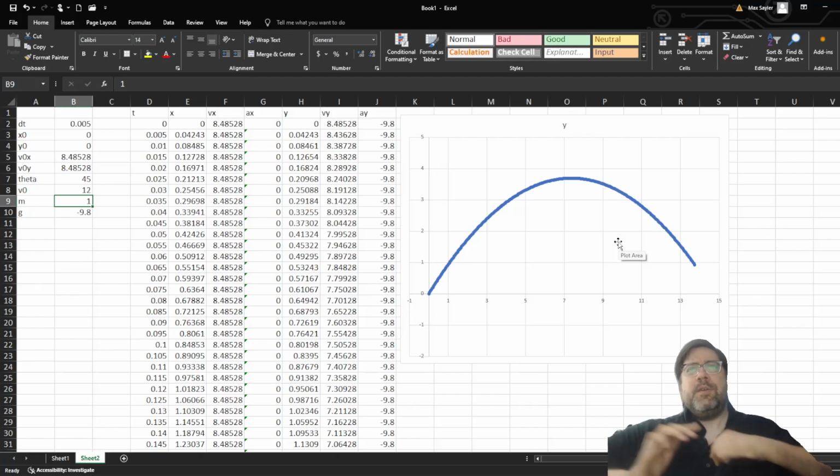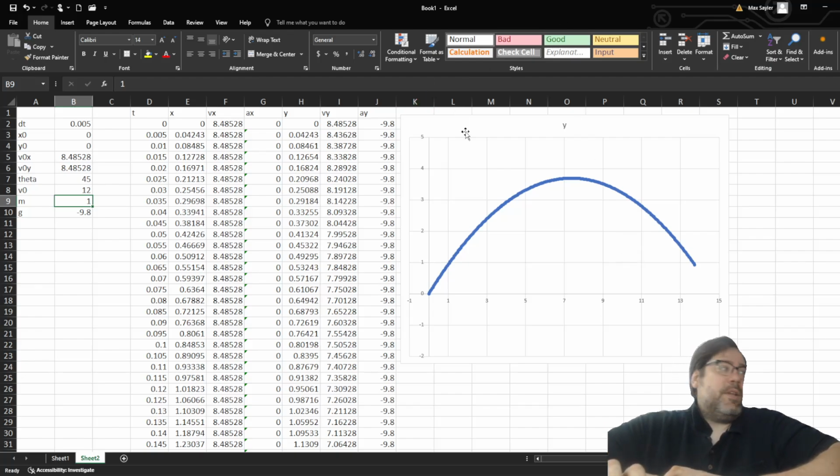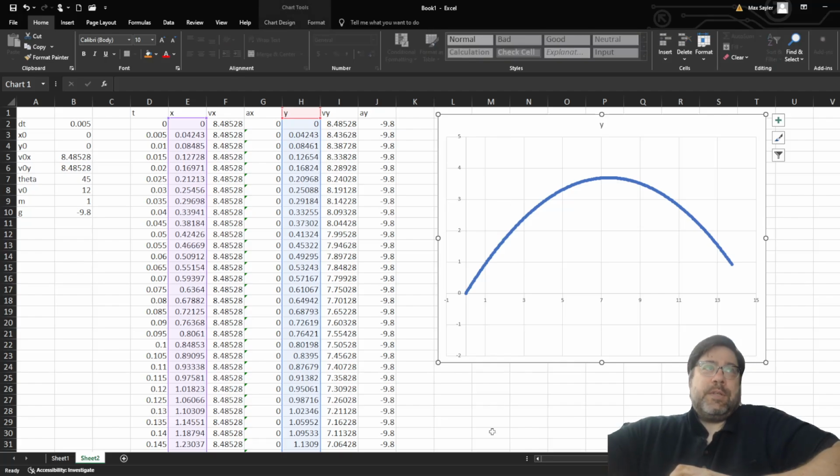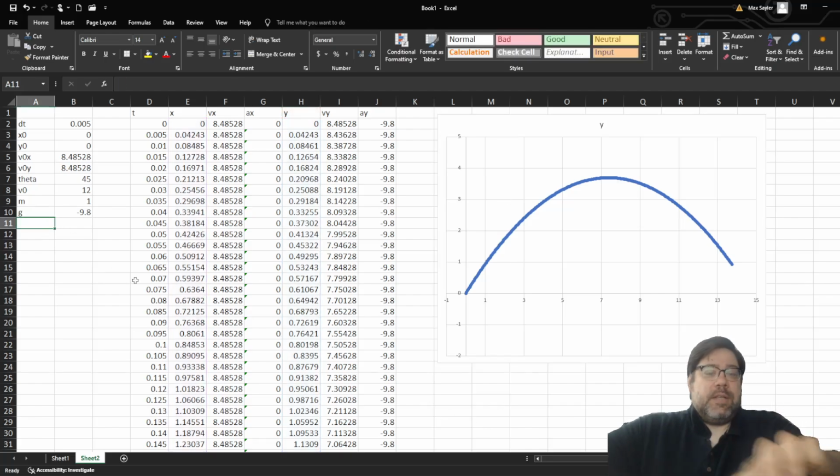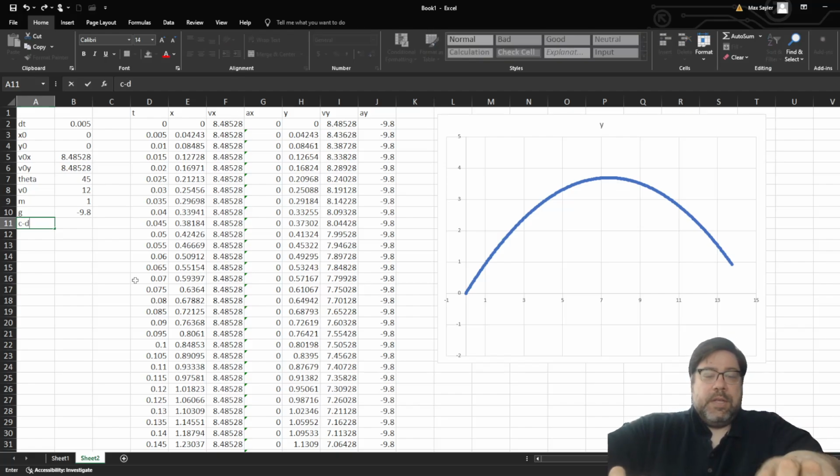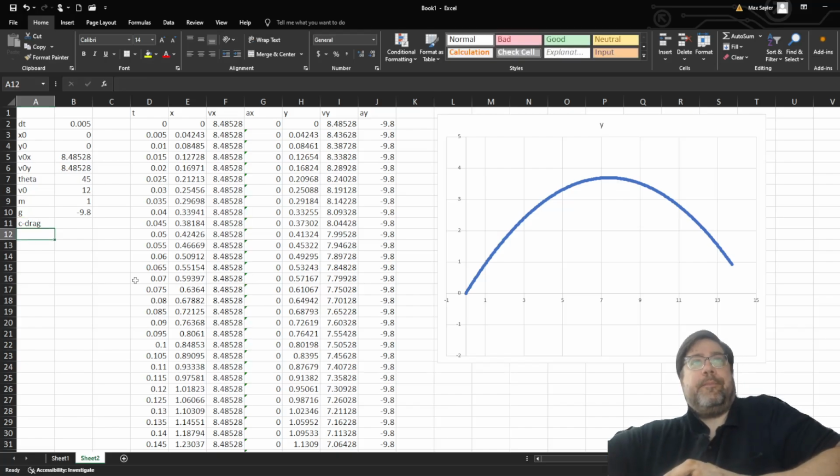All right. So now that we have the basics, let's finish up with one more thing and add wind resistance. So let's say drag.